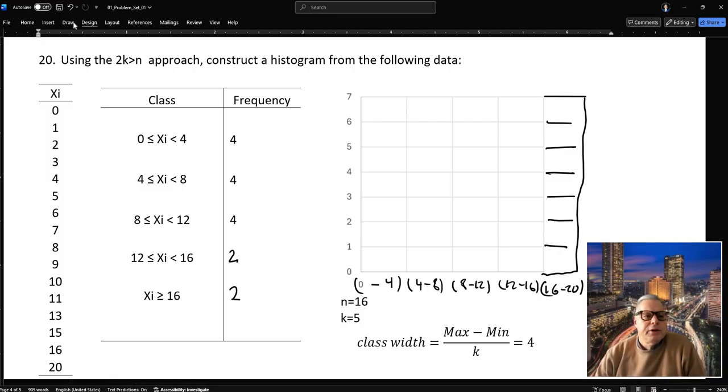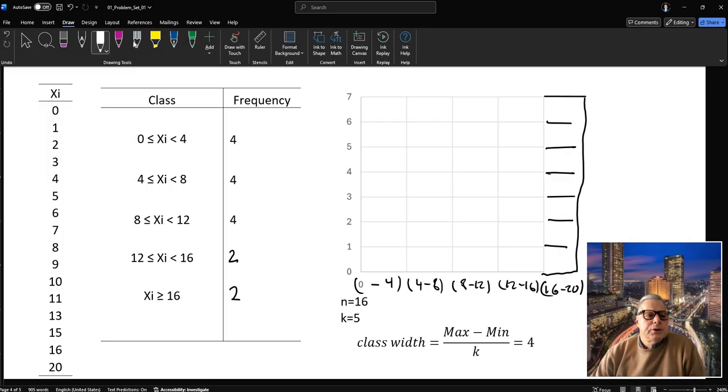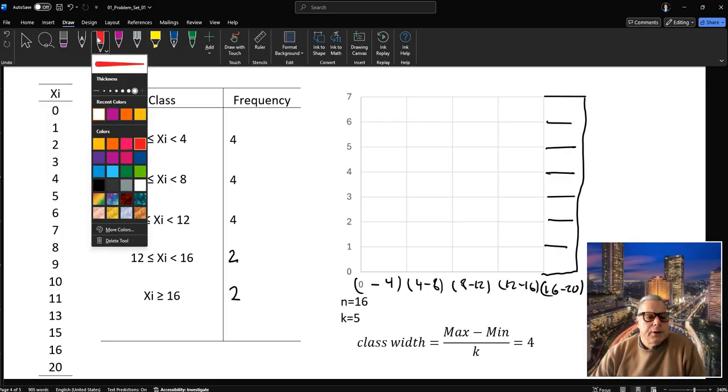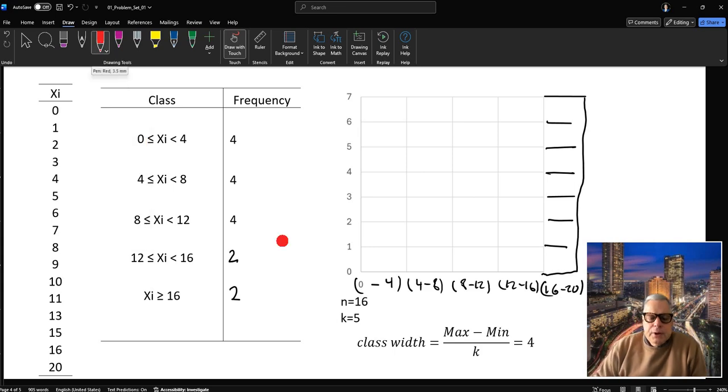Now let's give it a different color, maybe red.